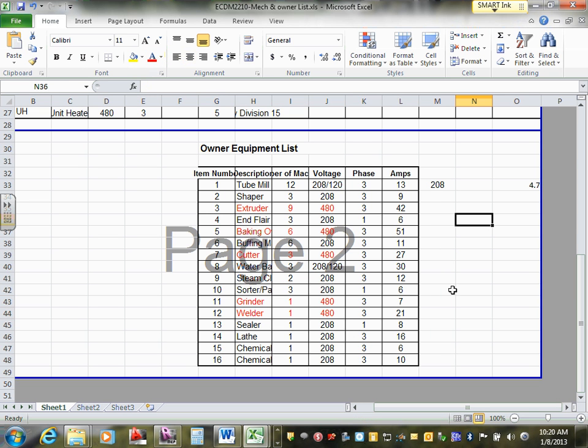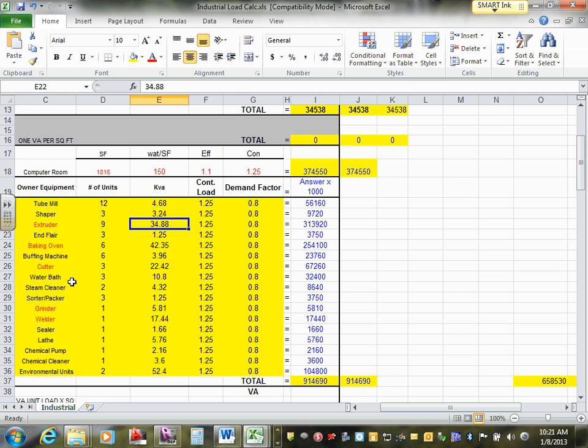So all the 480, to make it easier for you to transfer them, we put them in red. Everybody understand why they're red? So here's the 480: the extruder, the baking oven, cutter, grinder, and welders, all these are 480.